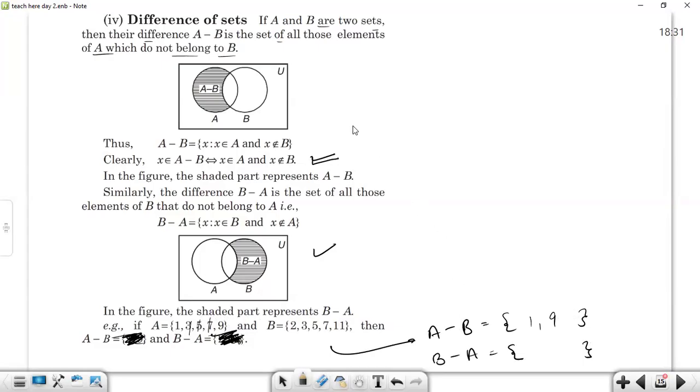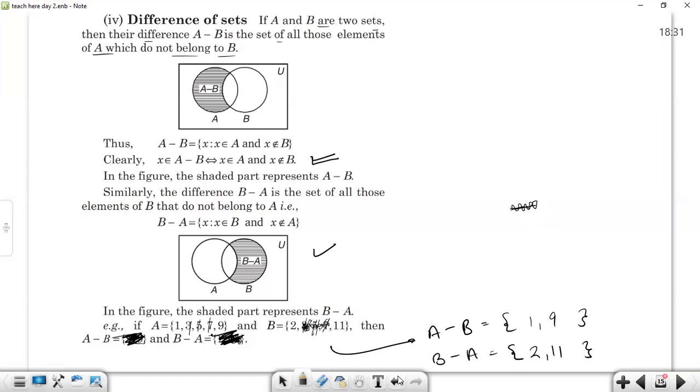This time, Tanish. 2 and 11. Why 2 and 11? Because 3, 5 and 7 are in set A, so they will be excluded.